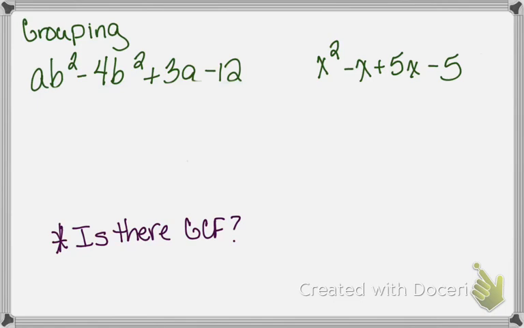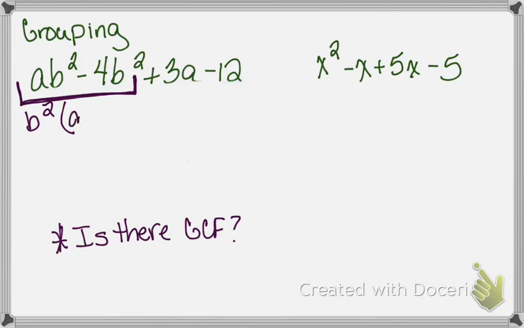So what I'm going to do here is look at these first two terms. This is factoring by grouping. What is common to both of those? B squared. B squared is common to both of those. Then I've got B squared times what gives me AB squared?